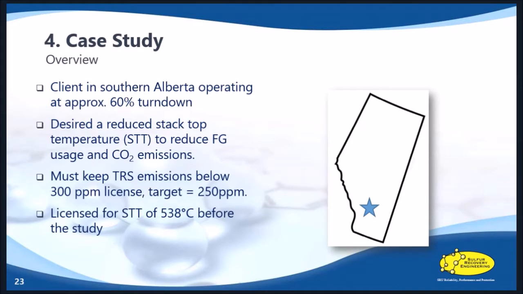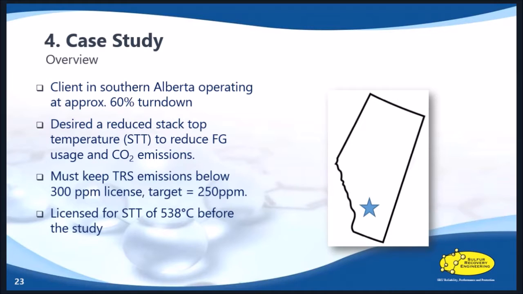This case study is about a client in southern Alberta operating at approximately 60% turndown. This client's plant was designed to process 10 tons per day, a pretty small plant. However, due to turndown conditions, they were processing only 4 tons per day.